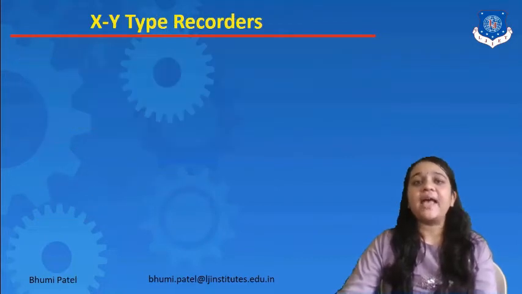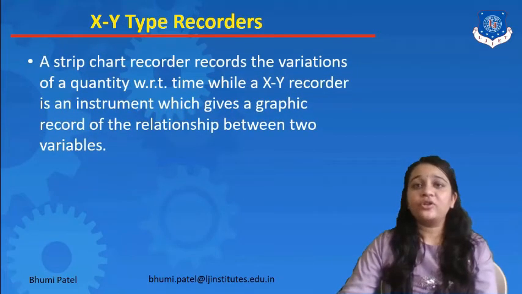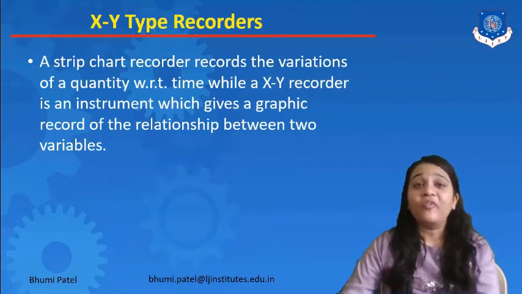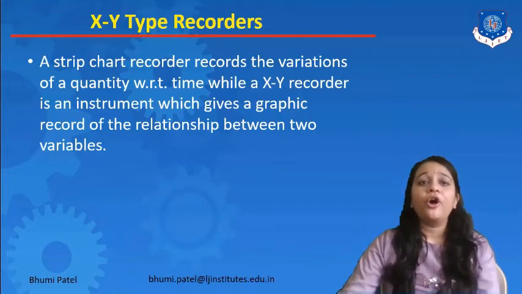Now the next one is the XY type recorder. A strip chart recorder records the variations of a quantity with respect to time, while an XY recorder is an instrument which gives a graphical record of the relationship between two variables.